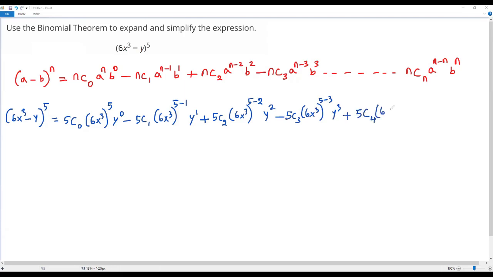We have 6x to the third power raised to the power of 5 negative 4, and y to the fourth power. Since this one is positive, the next term has to be negative. 5C5. 6x to the third power raised to the power of 5 negative 5, and y has to be raised to the fifth power. Okay, now in this term, since we get the same value for both n and r in the combination, we have to stop it. And now we have to do simplification.